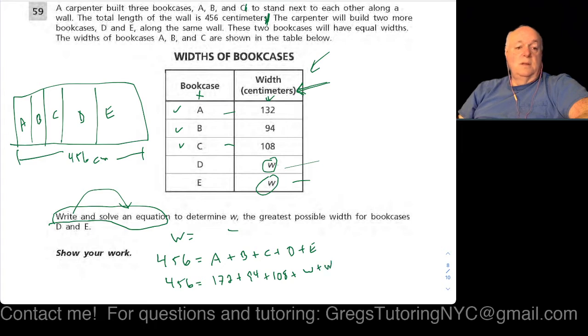Now, it says to determine W, so our expression needs to involve W. So this is one expression we could have used. We could have also added up 132, 94, and 108, which is what we're going to have to do anyway. So we get 4, 1, 3, 1.